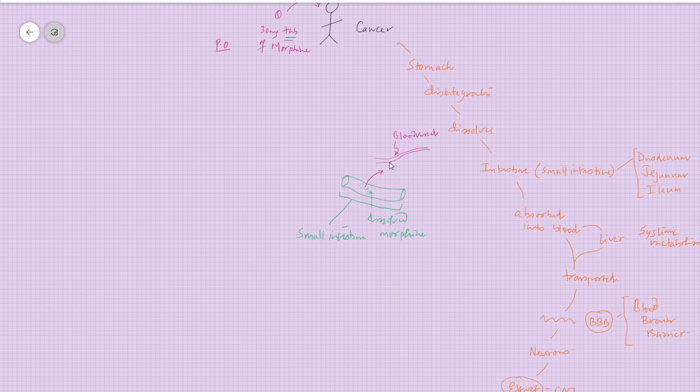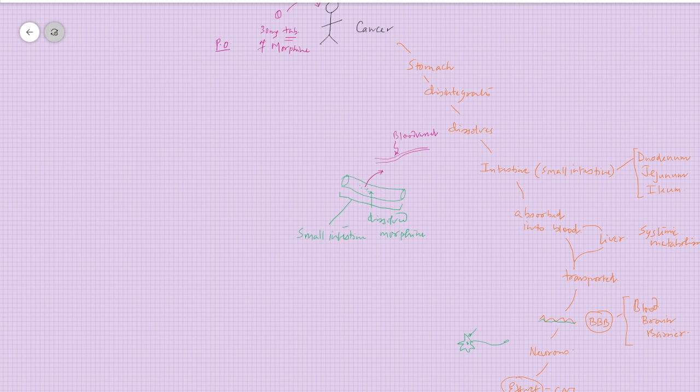It crosses into the blood vessel, and through the blood vessel it is transported, and then here again it crosses the blood-brain barrier, which is kind of a membrane here, and then the neurons themselves, say this is a neuron, and these neurons have got their own membrane, and it crosses the neuronal membrane.